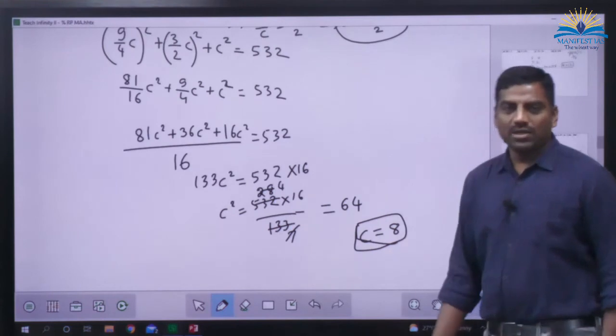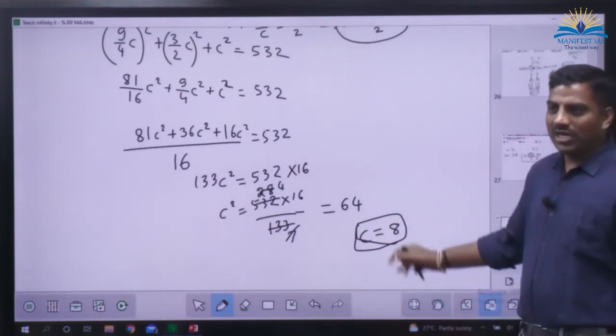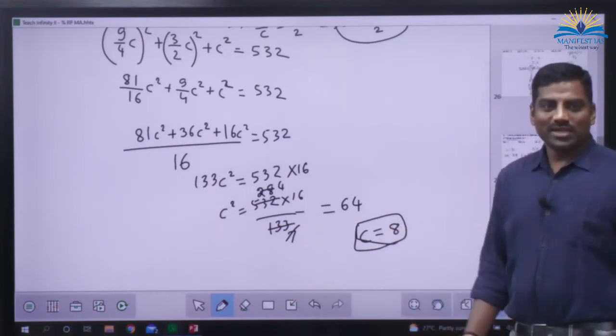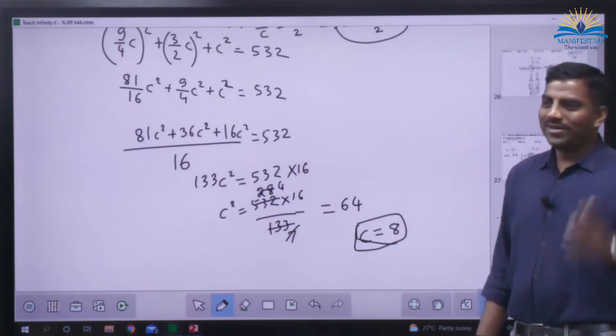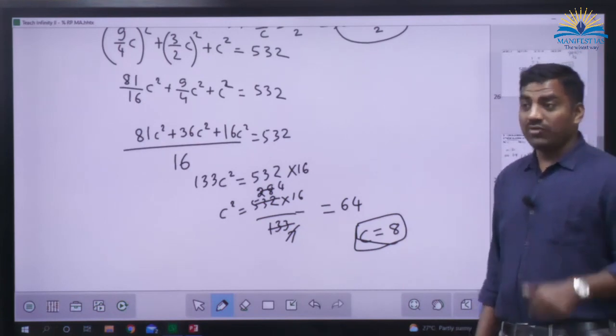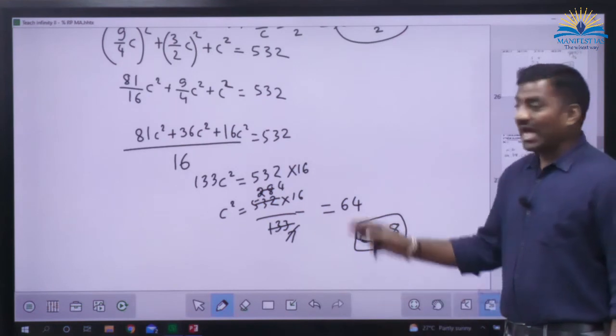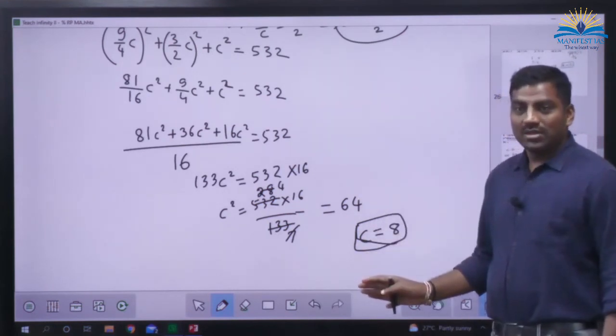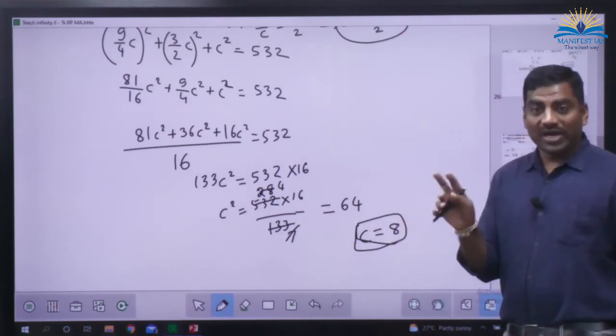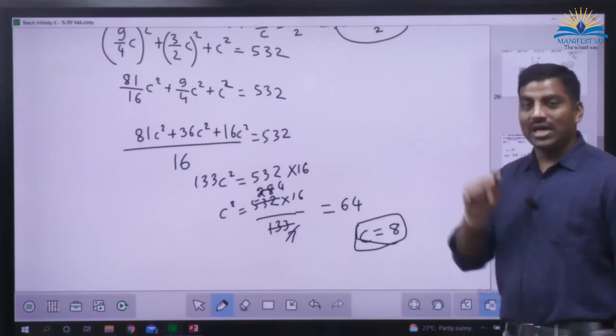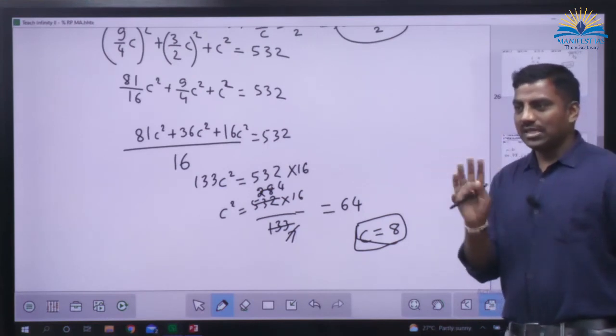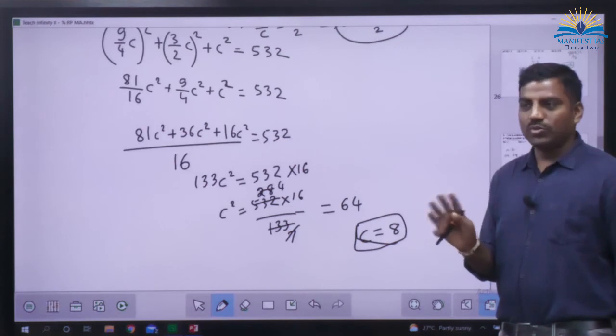C is equal to 8. Don't worry about other numbers. Because here only our target was C, there is no need to find A, B, C. Otherwise, without having the target of C, we would unnecessarily find A and B and finally mark C. That is again time consuming.